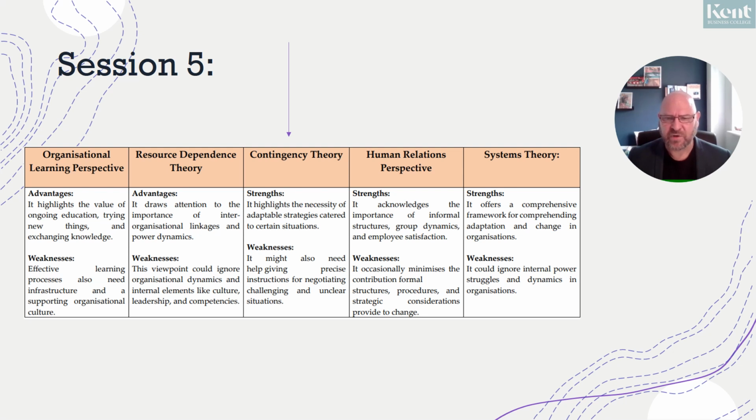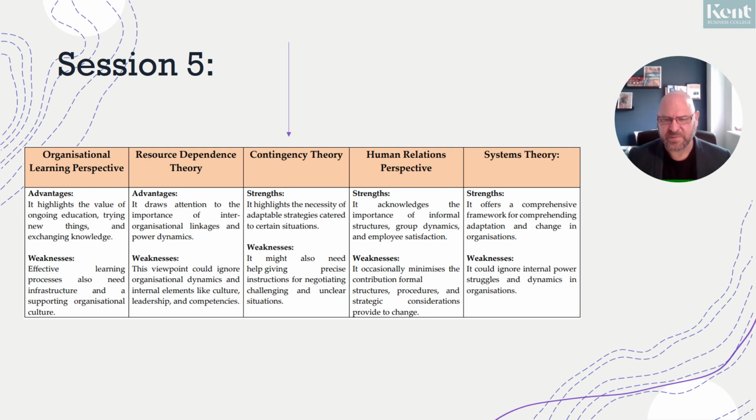The weakness of this particular perspective is it occasionally minimizes the contribution of formal structures, procedures and strategic considerations which can be used to provide change, because it just focuses on the informal.